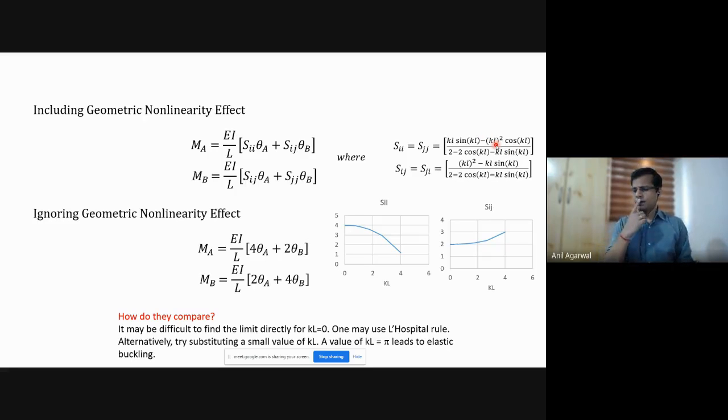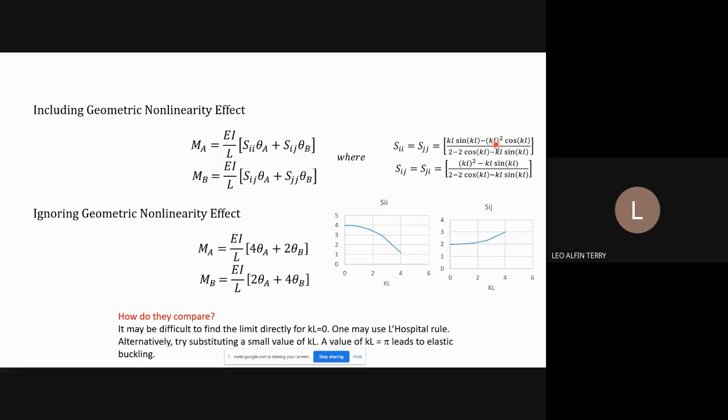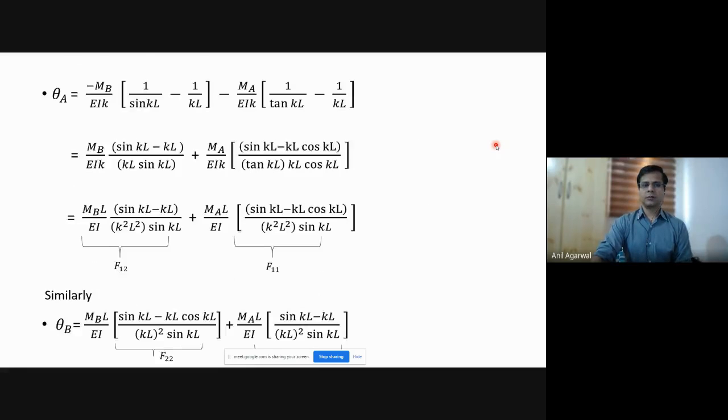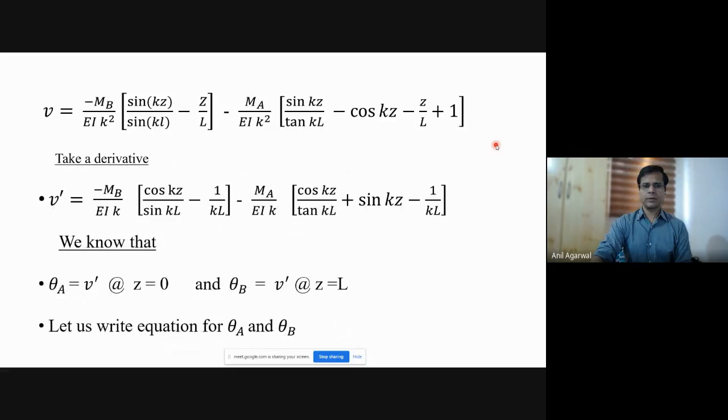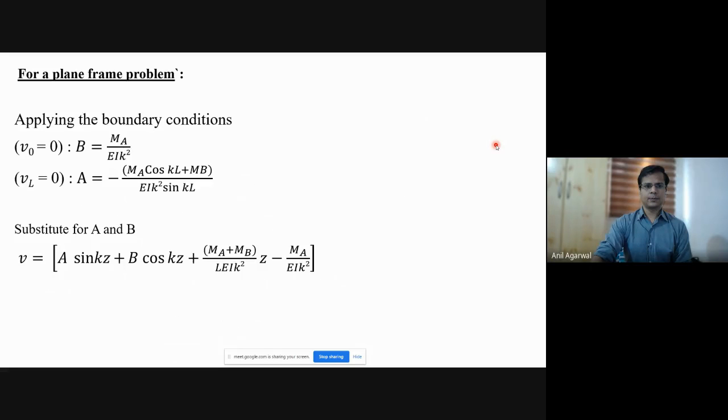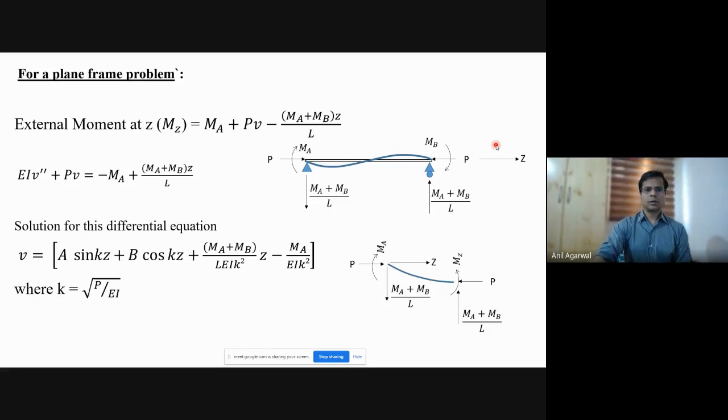What was KL? Anybody remembers? K is square root of P by EI. Correct, very good. So basically we had done some substitution along the way. K was taken as square root of P divided by EI.